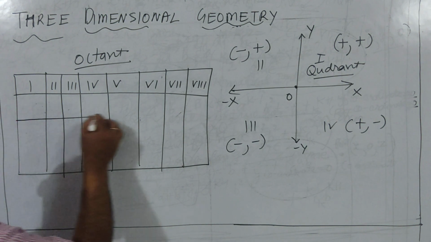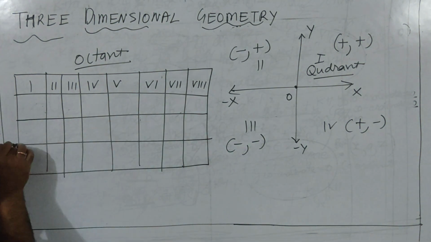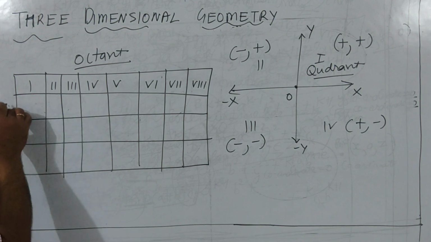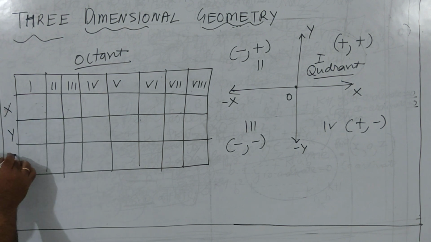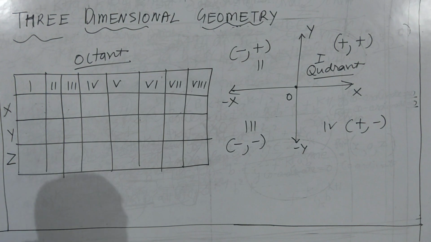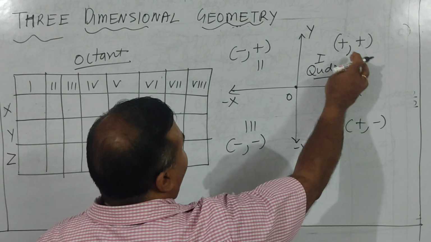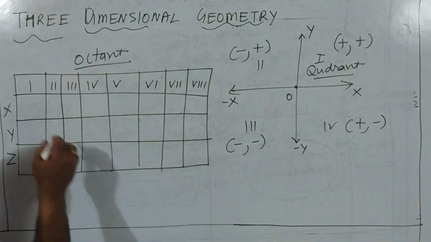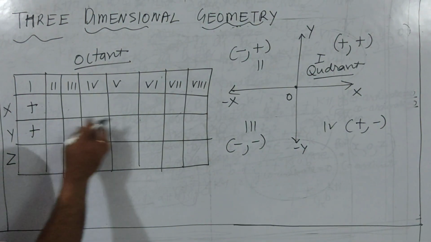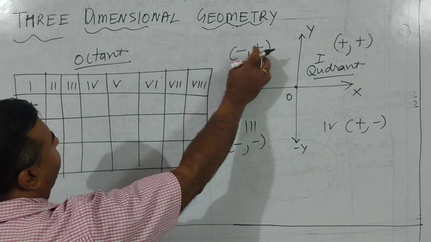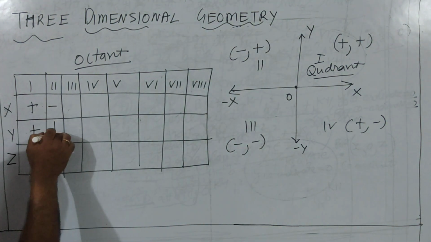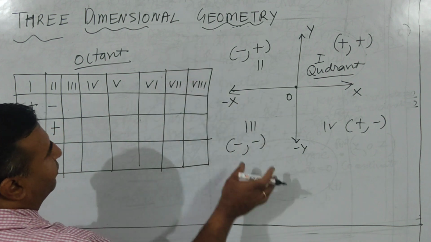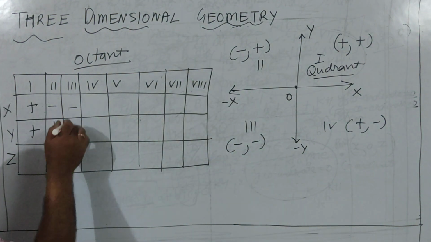First, prepare this. This box represents x, this one y, and this one z. You see here in two dimensions, x positive, y positive. First you write this. In the second, x negative, y positive. First use this and then change into the octant form. Third, x negative, y negative.